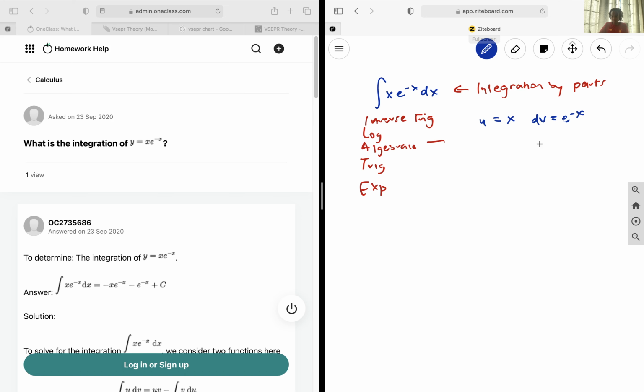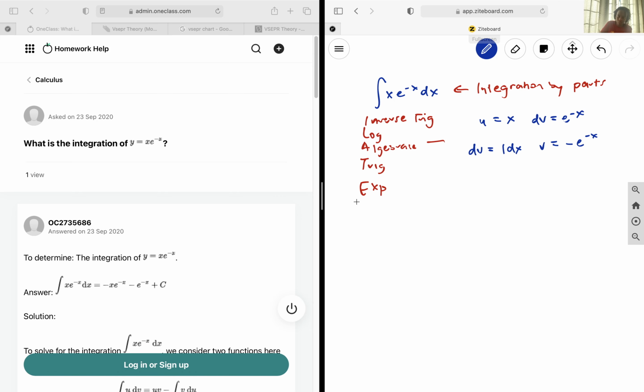This will mean that v is equal to negative e to the minus x, and that du is equal to 1 dx. That's where it's supposed to be.